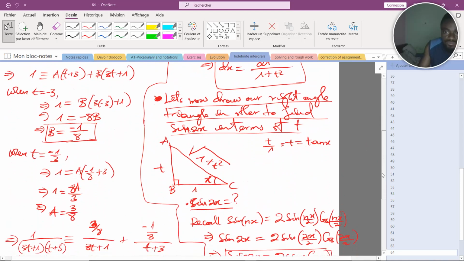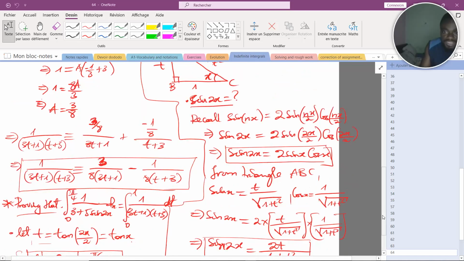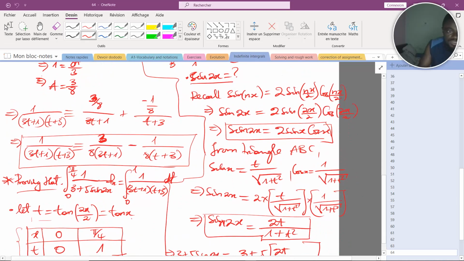So I'll be left with 1 equals 8a all over 3, and a will be 3 on 8. This implies this will be identical to 3 on 8 all over this plus minus 1 on 8 all over this. And finally, our partial fraction will be equal to this. That was the first question.